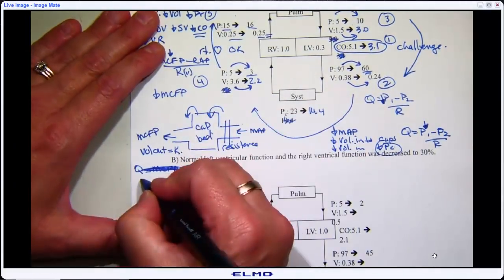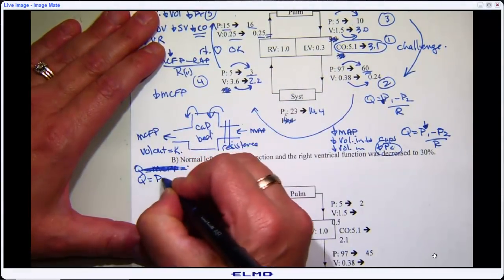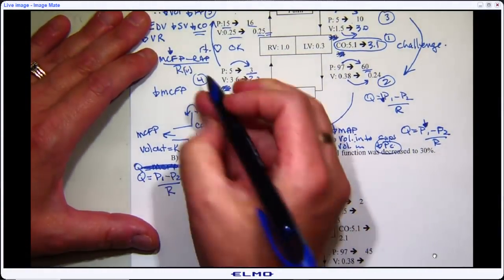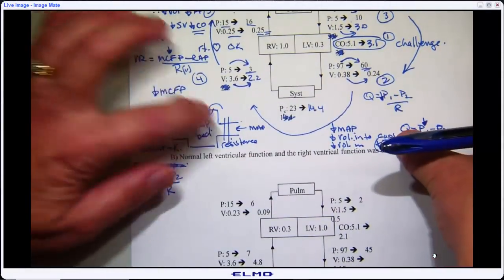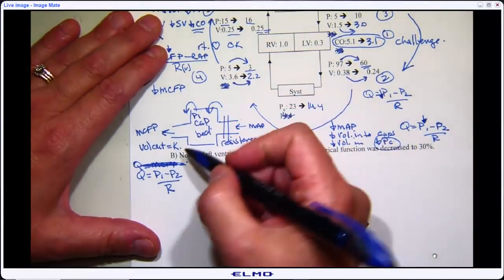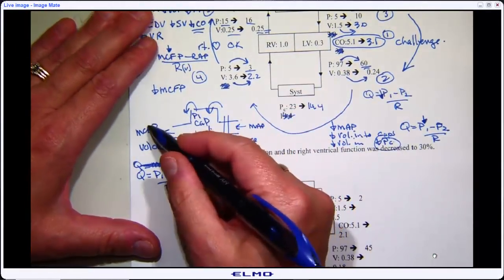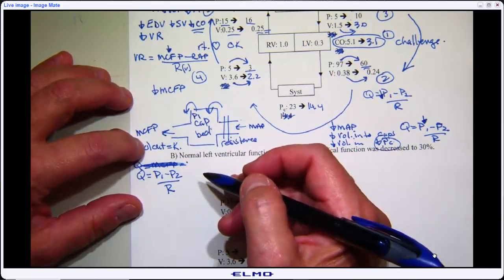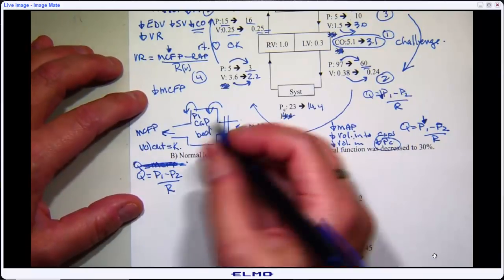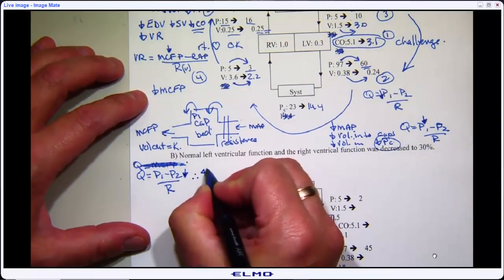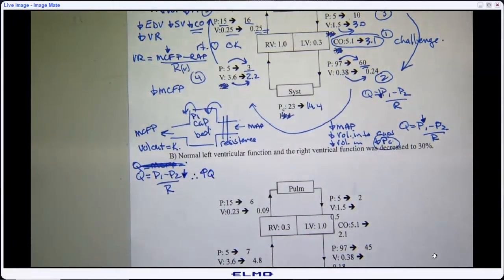flow out would equal P1 minus P2 over R. This is P1, right? Don't change it and then change off a change, because we've never done that before, right? P1 would be capillary pressure. P2 would be mean circulatory filling pressure. Perfect. Okay, do you see that? This is that venous pressure one. It's tough.